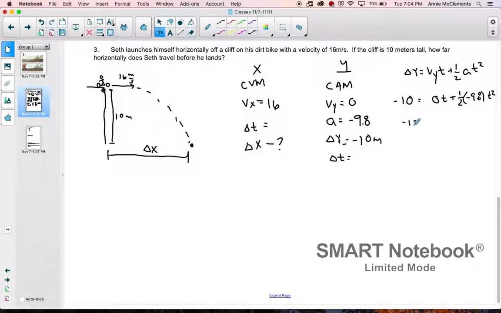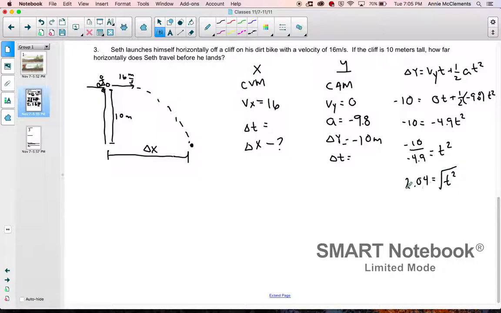So negative 10 equals negative 4.9 times t squared. You're going to get negative 10 over negative 4.9 equals t squared. That's going to be 2.04 equals t squared.